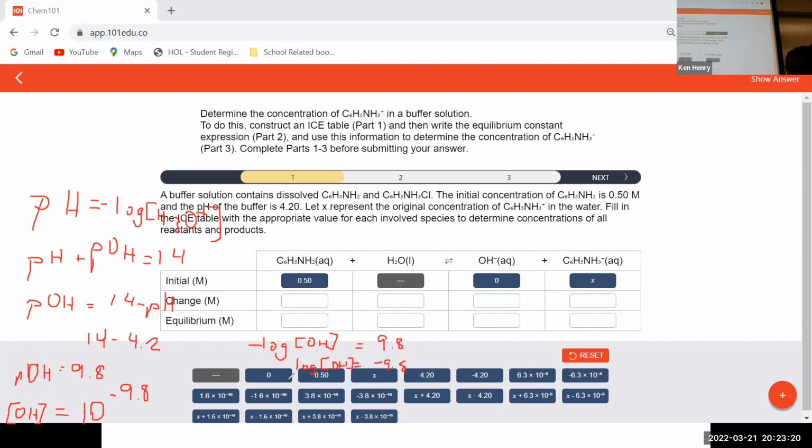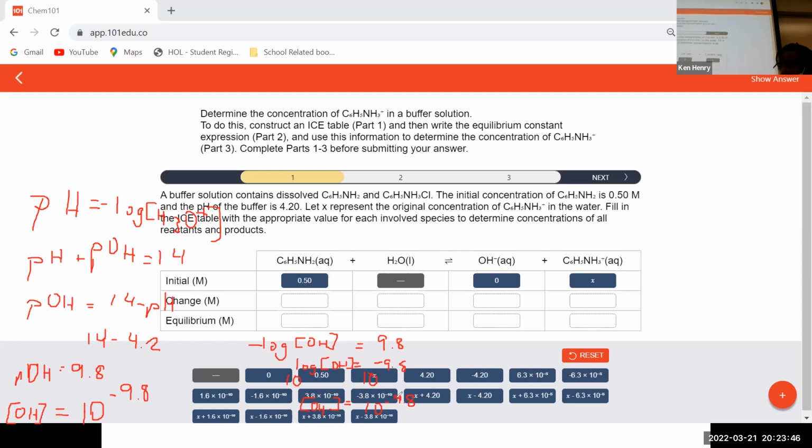So if I take this to the 10th power, then I get concentration OH equals 10 to the minus 9.8. Okay.